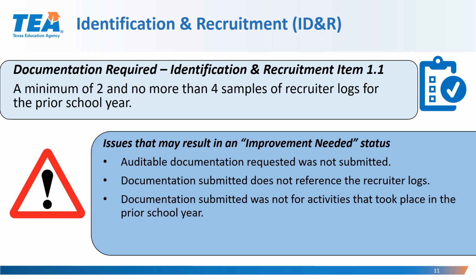Some issues that may result in improvement needed status could include the following. Auditable documentation requested was not submitted. Documentation submitted does not reference recruiter logs. Documentation submitted was not for activities that took place in the prior year.